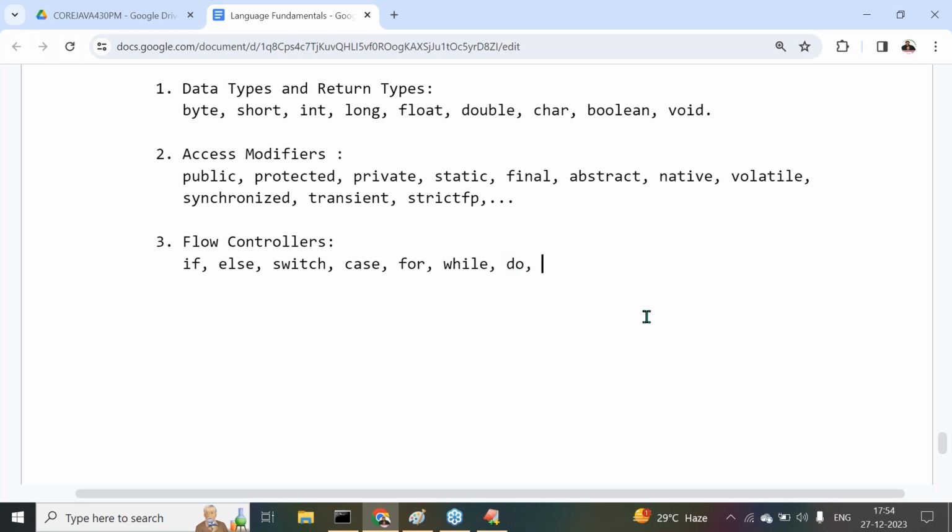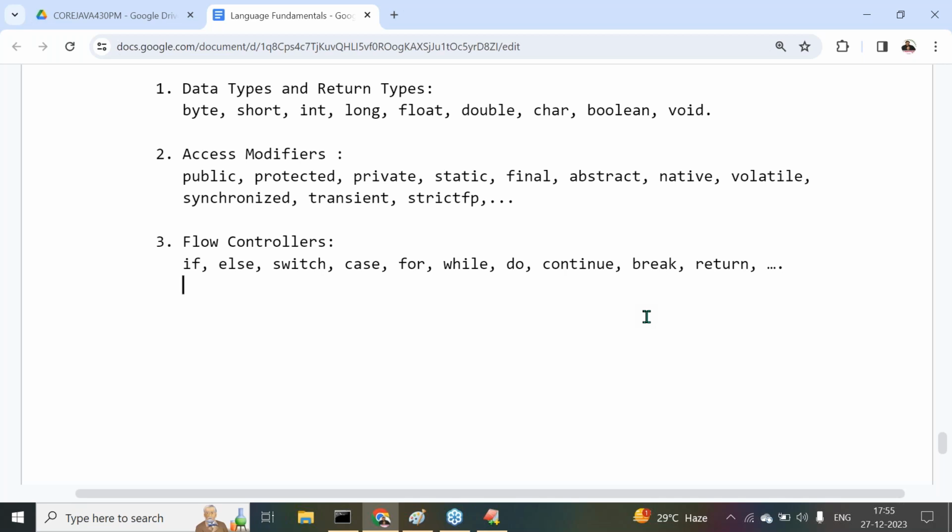Do-while is two keywords: do is one keyword, while is another keyword. Next one is continue, break, and return is also flow controller related content, and so on. If anything is remaining here, we can identify that clearly.